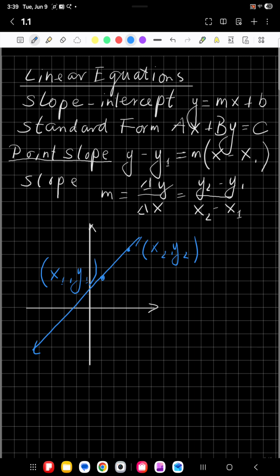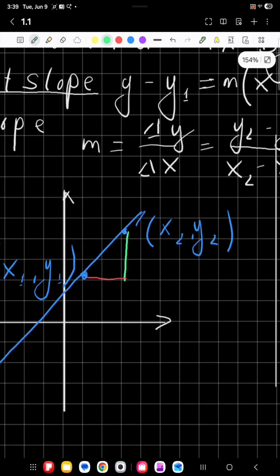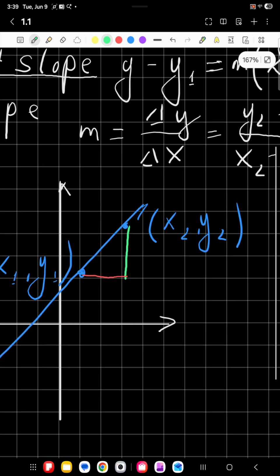Okay, so 2 points. And you see that rise will be subtracting y1 from y2, and then the run will be subtracting x1 from x2. Okay, so that's that difference. Let me write that actually. So that was green. The difference will be y2 minus y1.